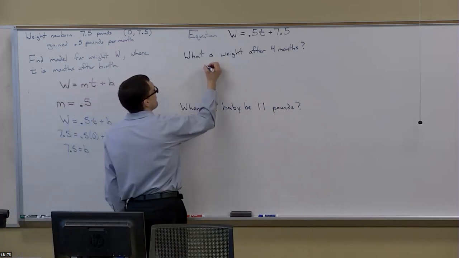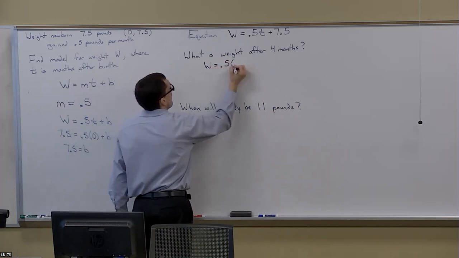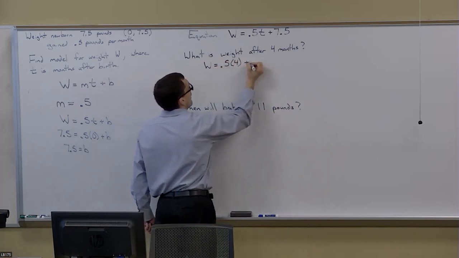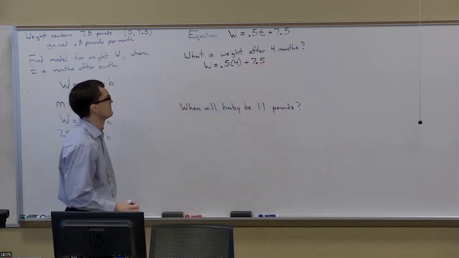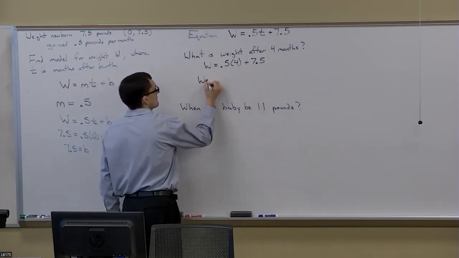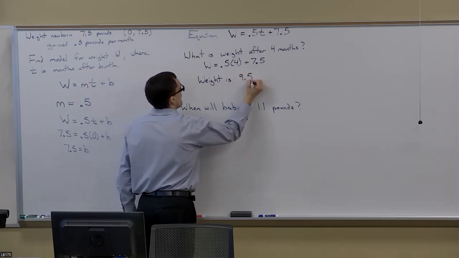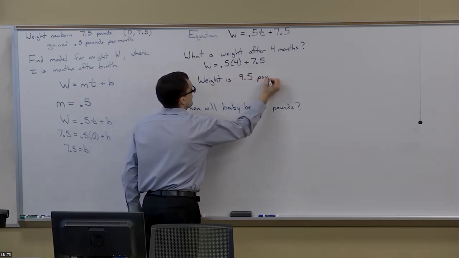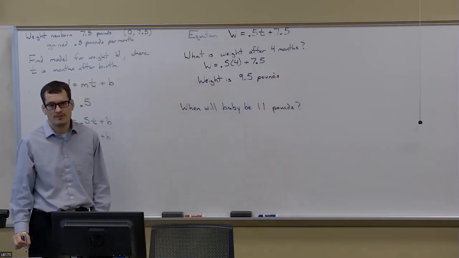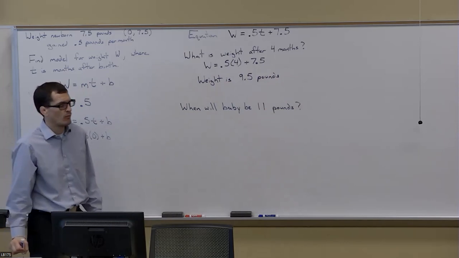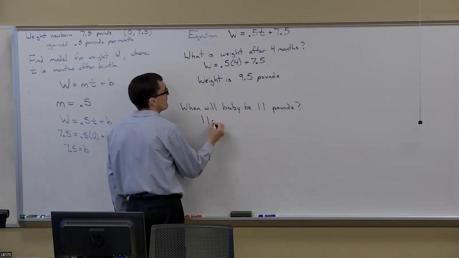So what's the weight after 4 months? We simply plug in a 4. So after 4 months, the weight is 9.5 pounds. When will the baby be 11 pounds? That's where we plug in the 11 into the weight.